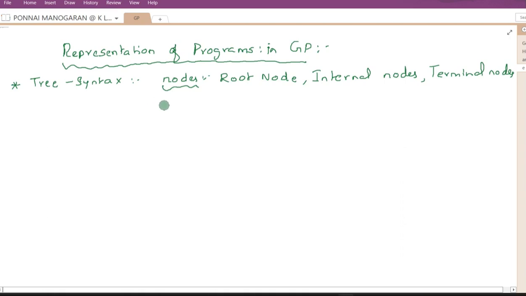So let us see one simple example of how a mathematical model or program is represented in tree representation. Let us write one sample mathematical program.